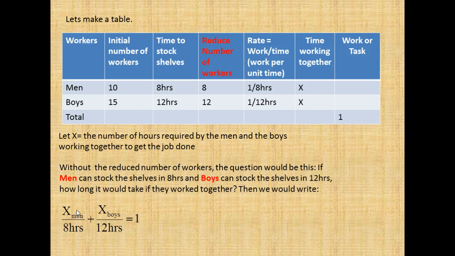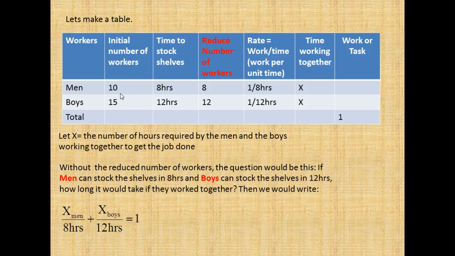Then we would write X for the men working together with the boys. That's 1/8 of X plus 1/12 of X for the boys, because these are the hours. If men can do the job in 8 hours, per hour they can do 1/8 of the job. If boys can do the job in 12 hours, they can do 1/12 of the job, as we've done before.